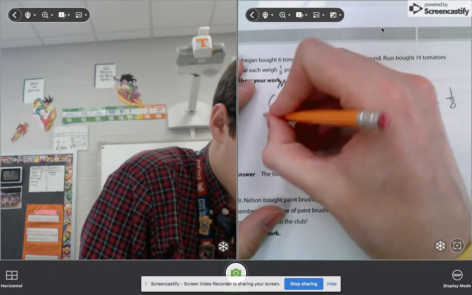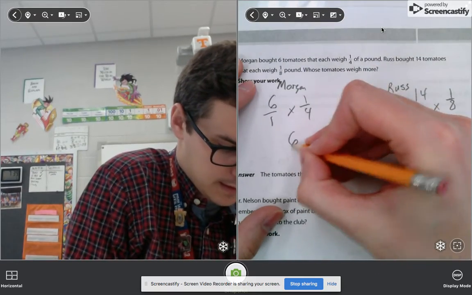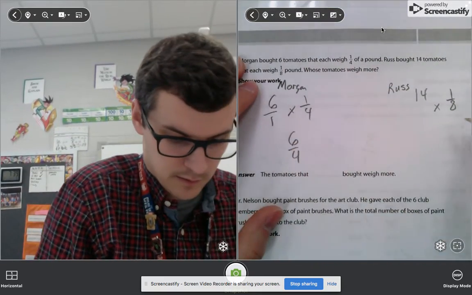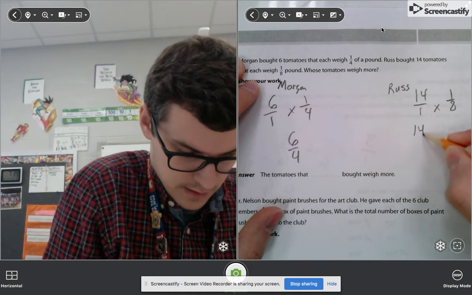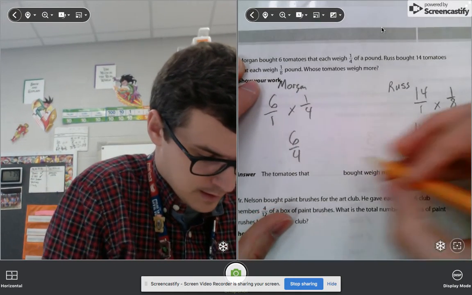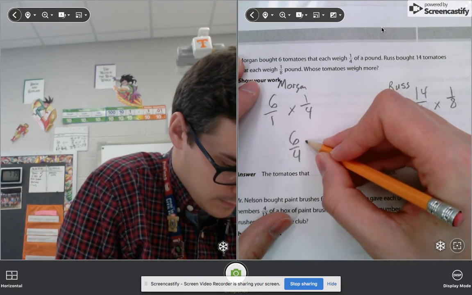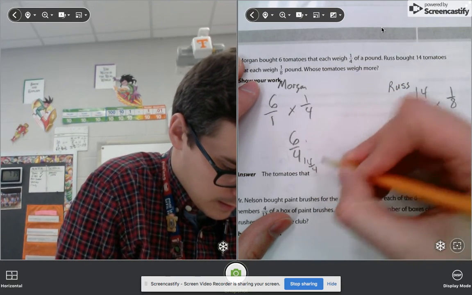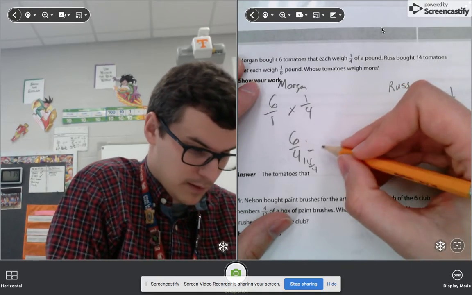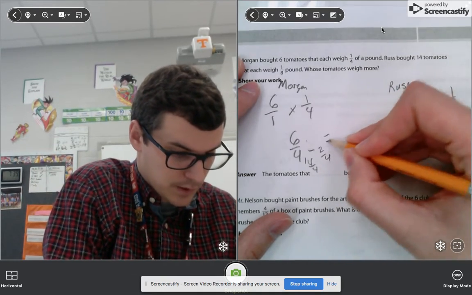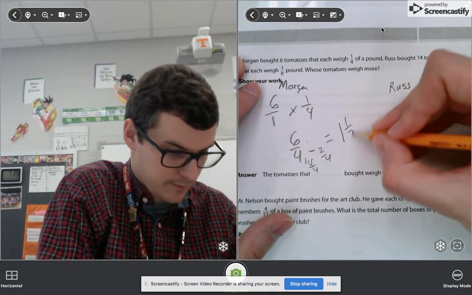Okay, 6 times 1 is 6. 1 times 4 is 4. 14 times 1 is 14. 1 times 8 is 8. Now, I can pull out 4 fourths, and I can pull out 2 fourths. So that's going to be equal to 1 and 1/2.